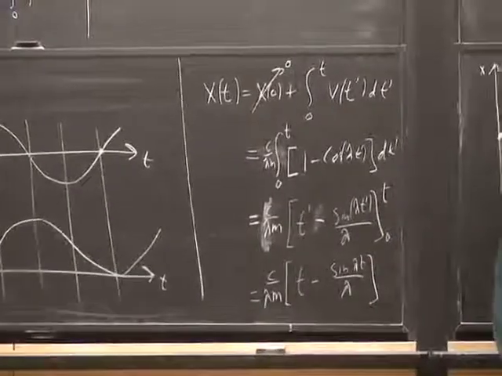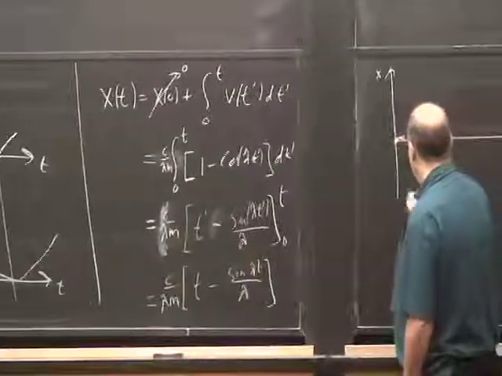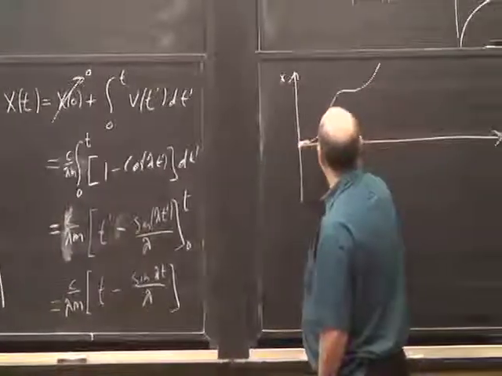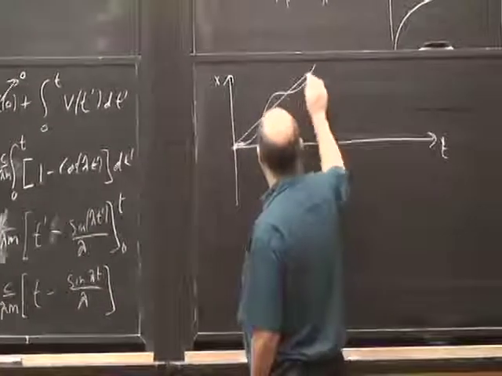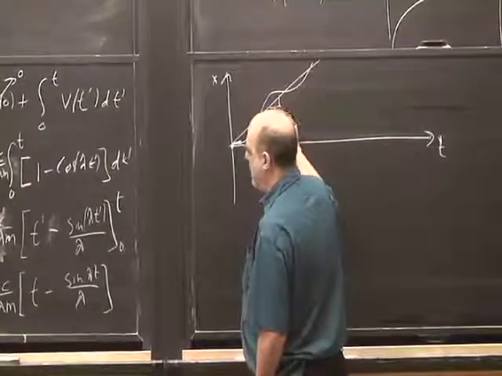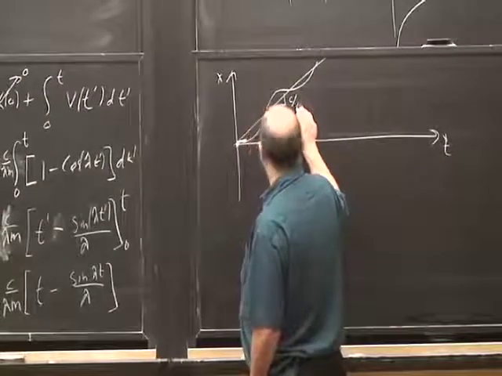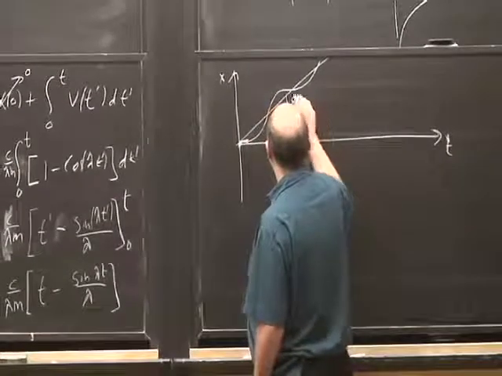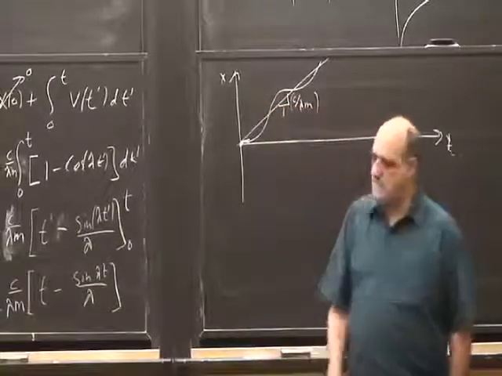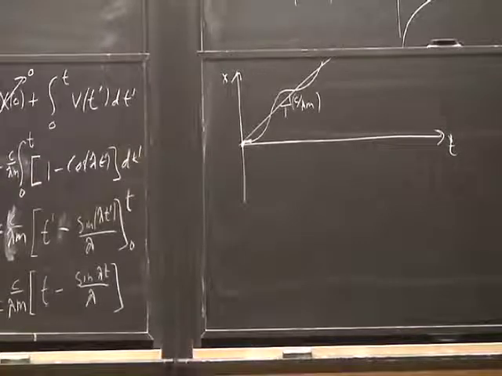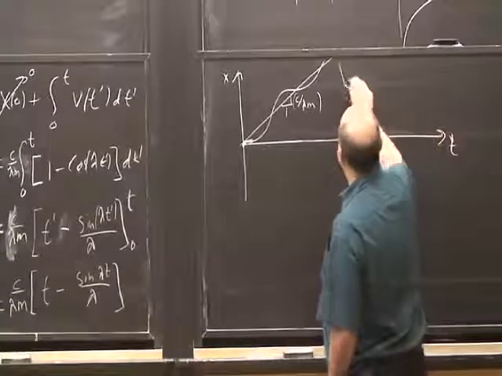So this starts out with a slope of 0, and then it oscillates, but it oscillates about this curve here. The slope of this curve here is c over lambda times m. Okay, so the position goes to infinity and beyond.